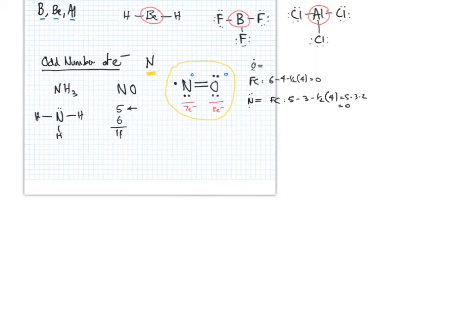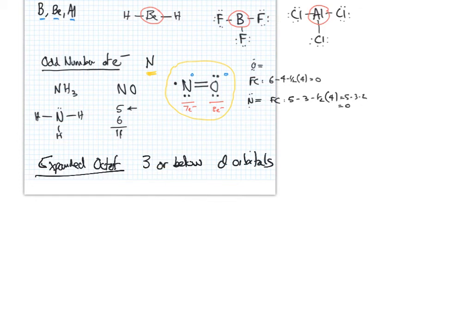All right, and the final exception to the octet rule is called the expanded octet. This one you will find more commonly, and the reason why is if you have an element in period 3 or below on the periodic table, there are d orbitals.